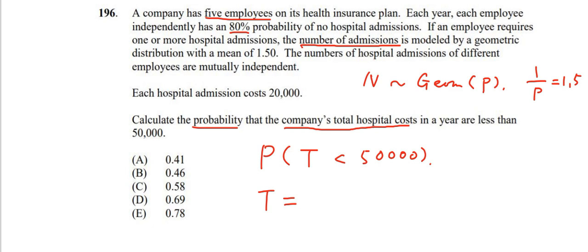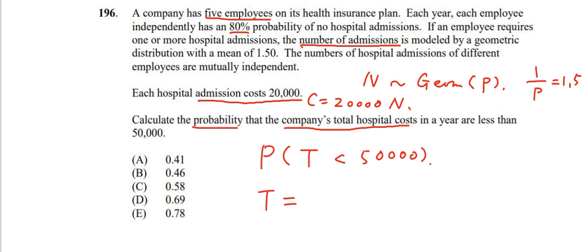Okay, so each admission costs this much. Then the total cost should be just the number of admissions multiplied by the cost, right? So this is for each person.